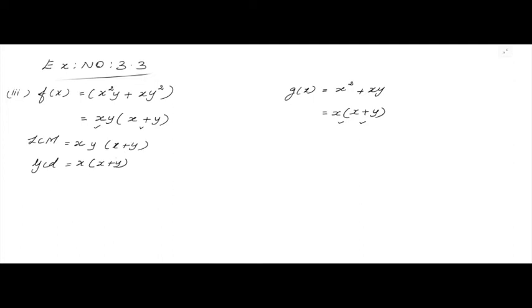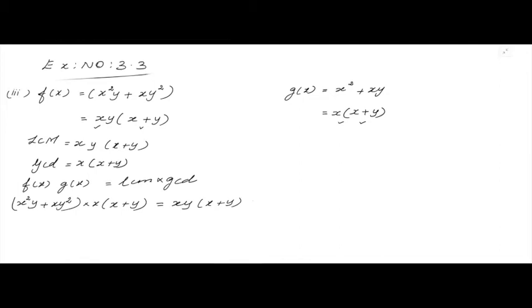Now we are going to verify it. That is f of x into g of x is equal to LCM into GCD. f of x is x square y plus xy square, times x into x plus y. That is equal to, what is your LCM? It is xy, x plus y, and your GCD is x into x plus y.